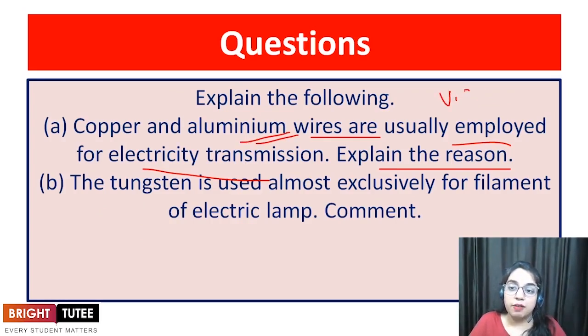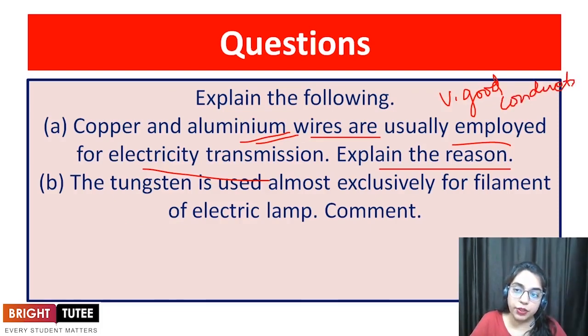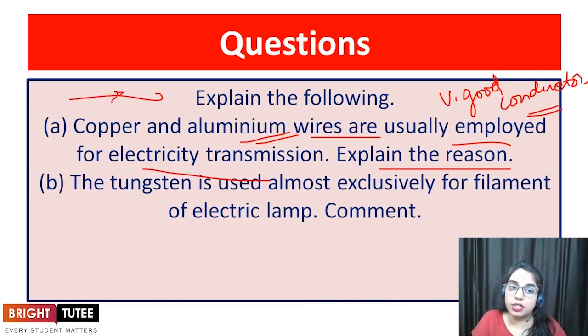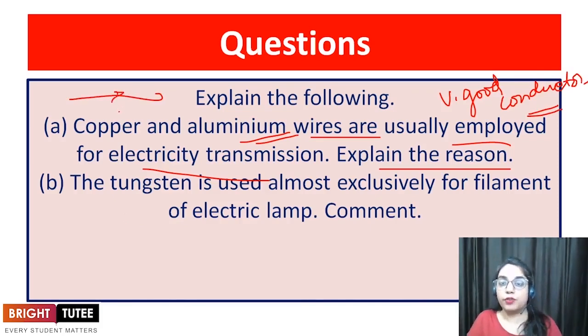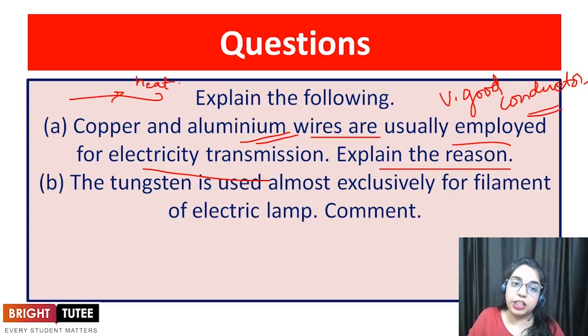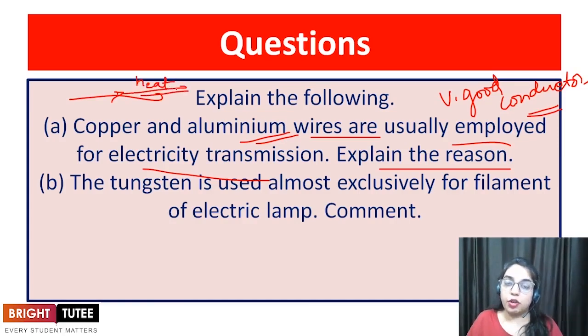Because they are very good conductors of electricity. And whenever we use a good conductor of electricity, it will offer least resistance or obstruction to the flow of current, and there will be very small or almost negligible heat produced, okay? And it will not damage our circuit, nor will it damage the wires that we use in the circuit for transmission of electric current, okay?